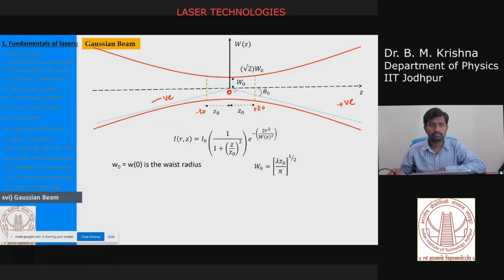So now for example, at this center you can see, this is the full width, that you call actually the beam width. 2 W naught is called the beam width and W naught is called the beam width radius, or you can call it the waist radius, that is W naught. Okay, W naught you can measure by lambda z naught by pi whole to the power 1 by 2 for Gaussian beams.